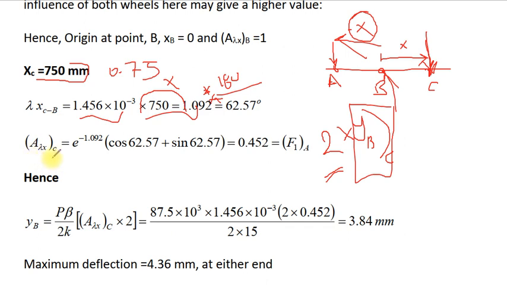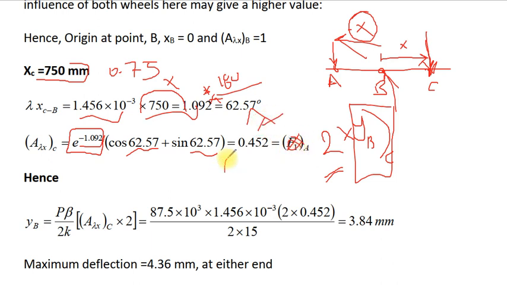A lambda x is e to the minus 1.092 times cosine plus sine. This value will be the same whether we use radian or degree in the calculator. If we use the degree system, we have to use 62.75 here and here. This gives us 0.452.